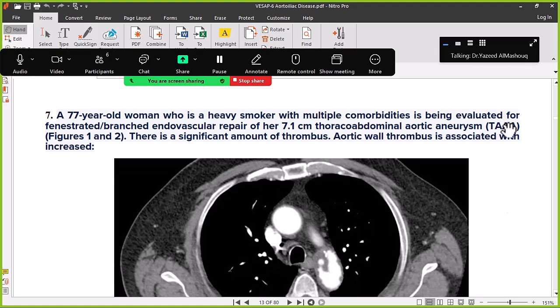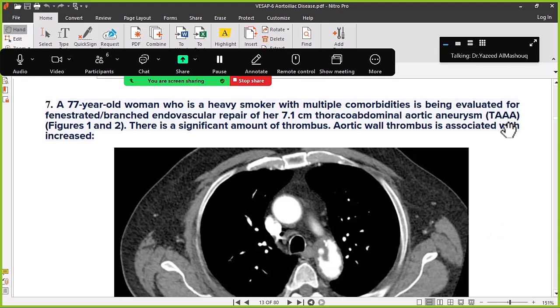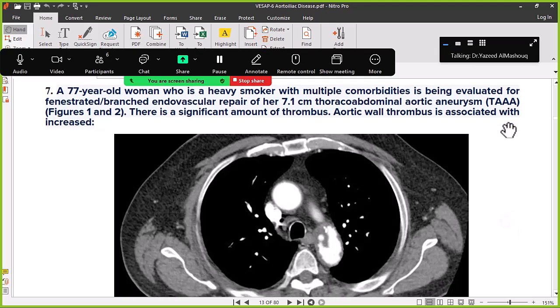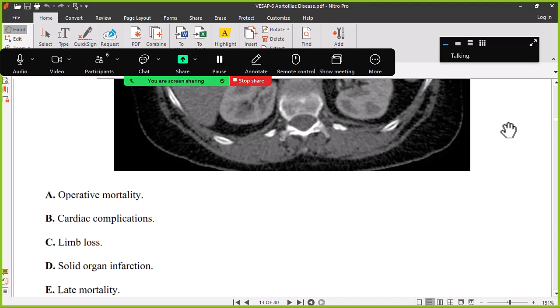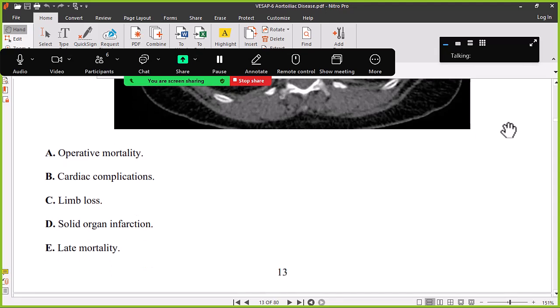In figures 1 and 2, there is a significant amount of thrombus. Aortic wall thrombus is associated with increased: A, operative mortality; B, cardiac complication; C, limb loss; D, solid organ infarction; E, late mortality.